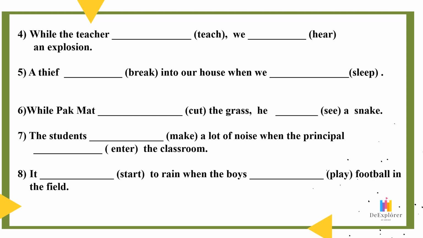So which is the action going on? 正在 play football. 然后突然间下雨. Okay, correct, huh? Okay, so number 8, 它是突然间下雨，他们那时候正在玩 football. This is the logic. Okay, so action going on was were playing.